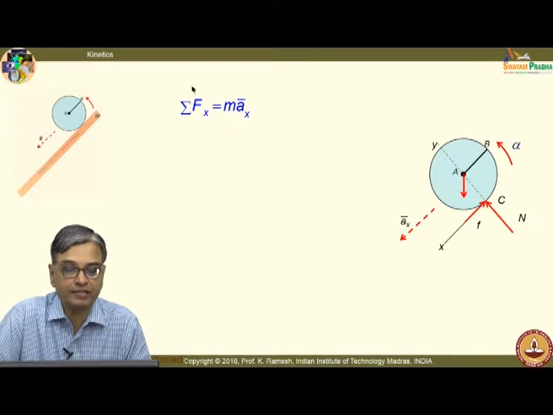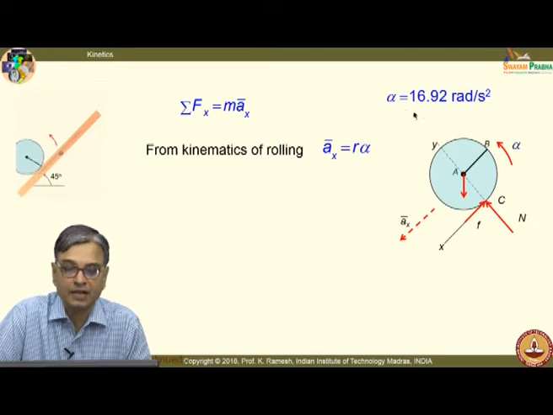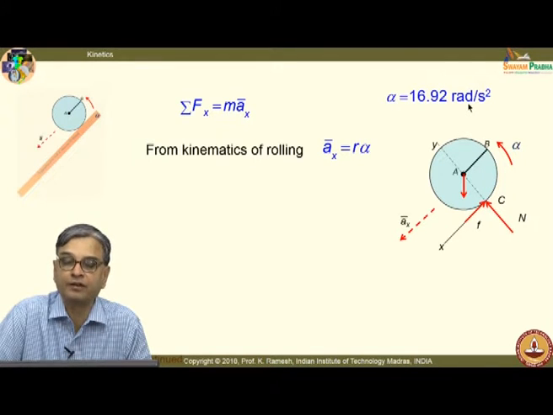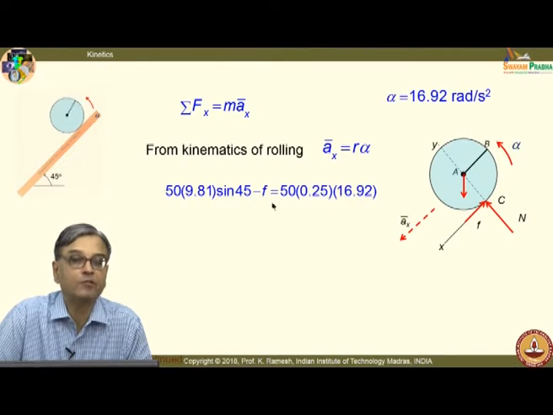And the next equation I can write is sigma F x equal to m a bar x, and we have already seen a bar x equal to r alpha, and alpha is given as 16.92 radians per second square. So, you have the basic equation written, it's very straightforward.